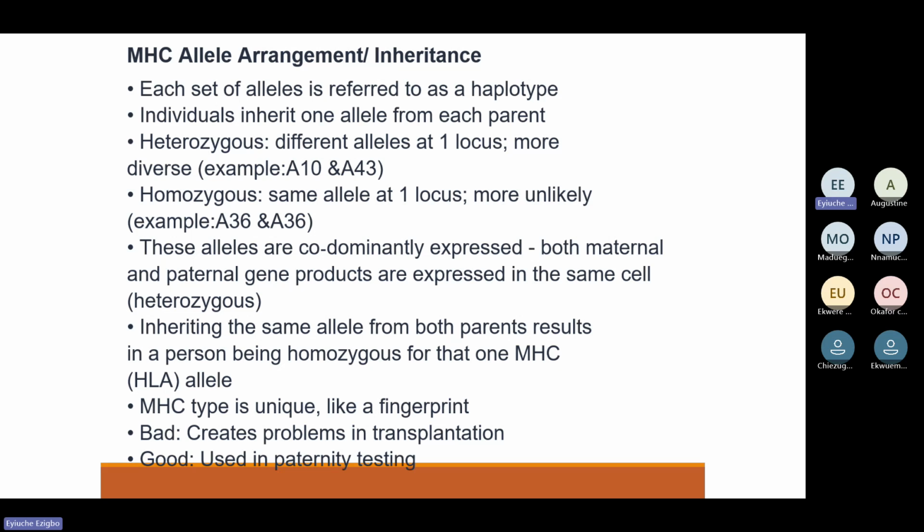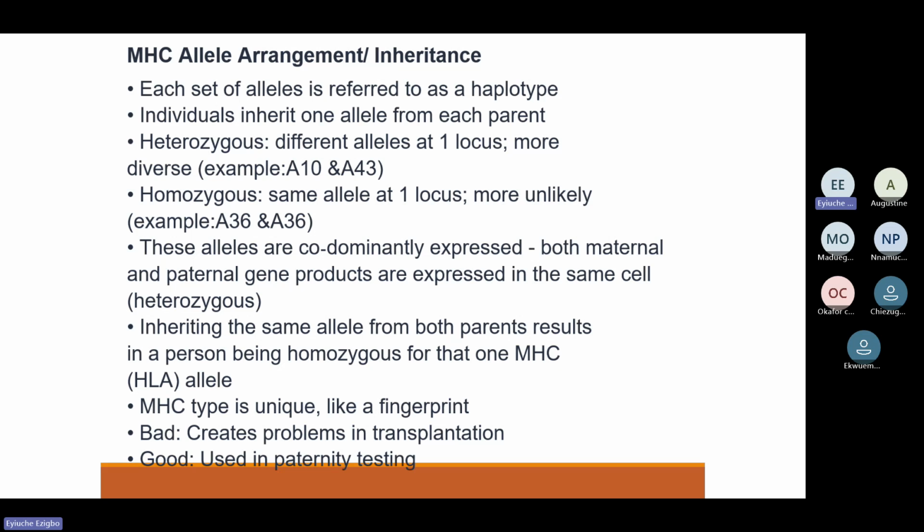These alleles are co-dominantly expressed. Both maternal and paternal gene products are expressed in the same cell. So in the inheritance of the MHC complex, we say they are co-dominantly expressed. Every gene that is inherited from your mother and your father, you express each of them.